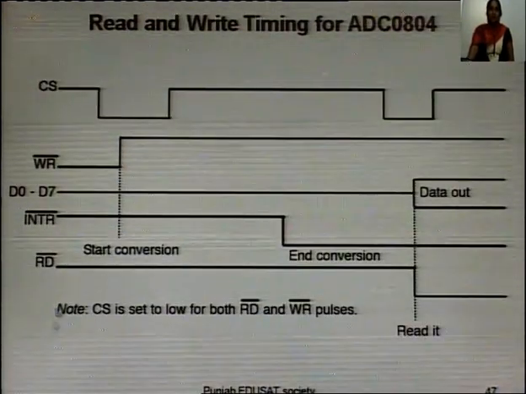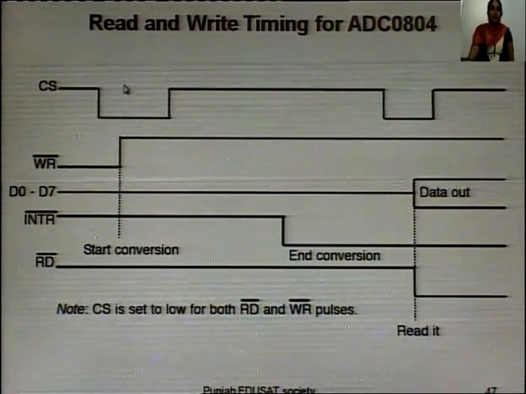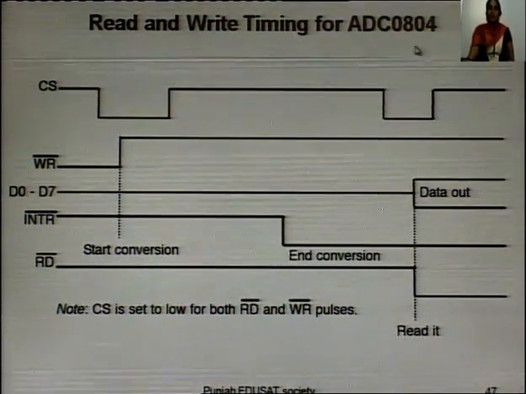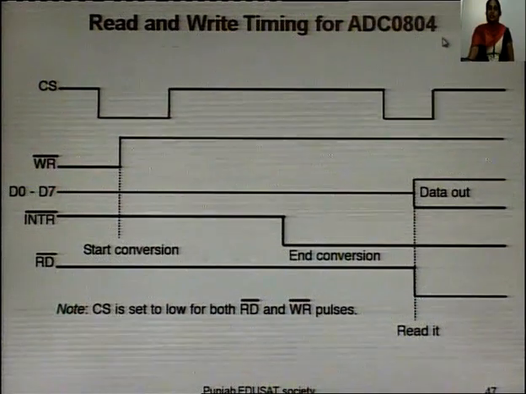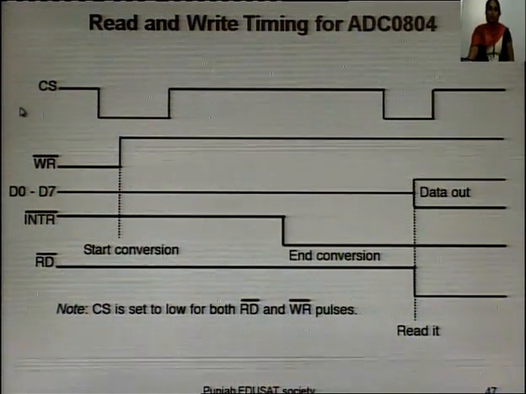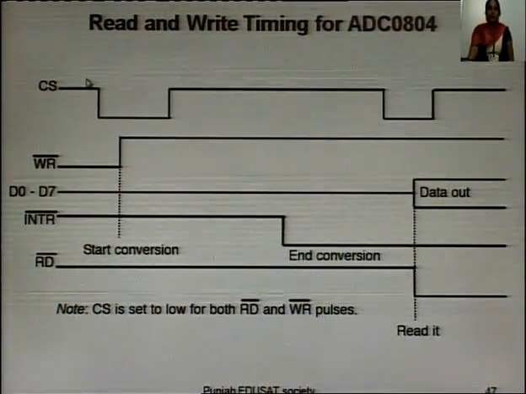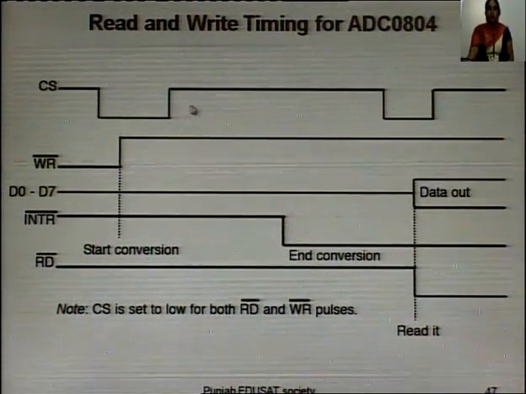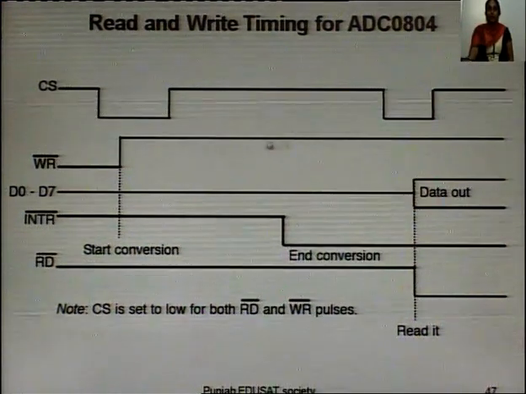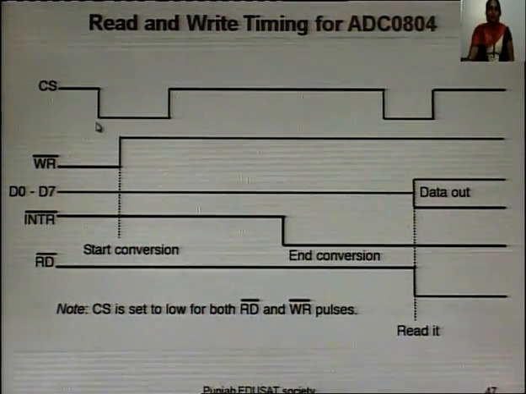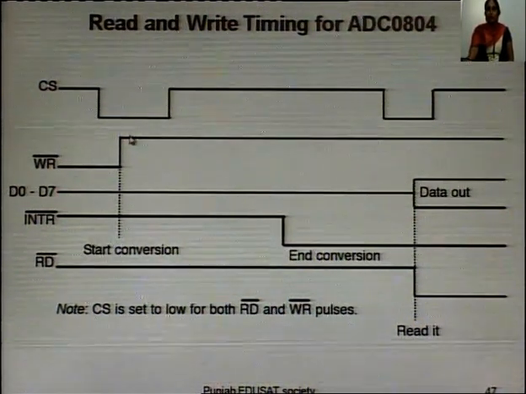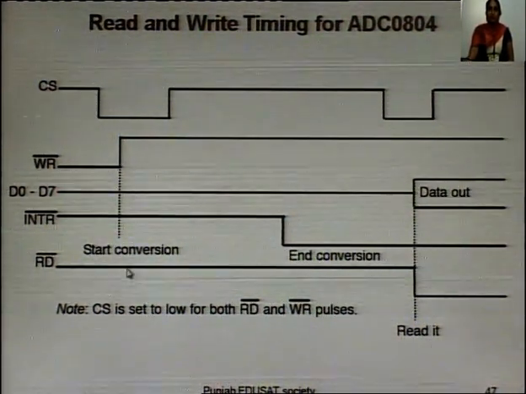After that, we have the read and write timing diagram for ADC0804. Here chip select is made low for both read and write. First of all, chip select is made low, write is made from low to high to start the conversion.